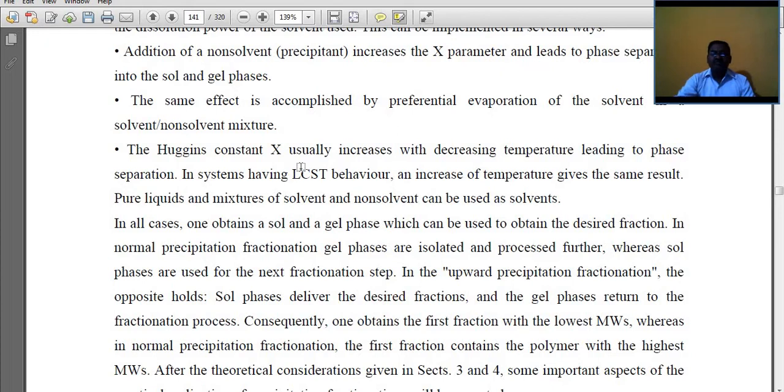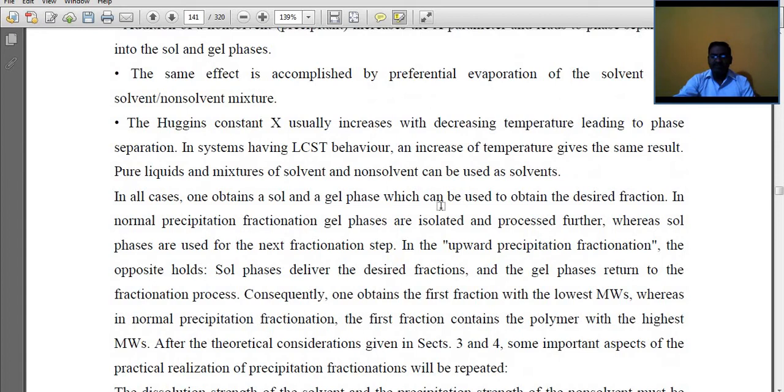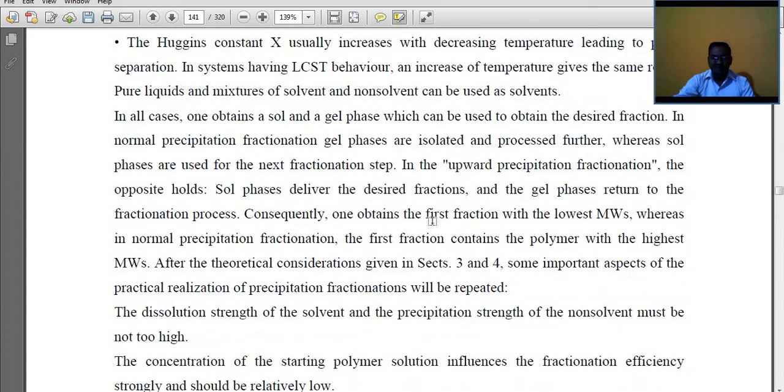The Flory-Huggins constant chi usually increases with decrease in temperature, leading to phase separation in systems having LCST behavior. An increase of temperature gives the same result. Pure liquids and mixtures of solvents and non-solvents can be used as a precipitant.